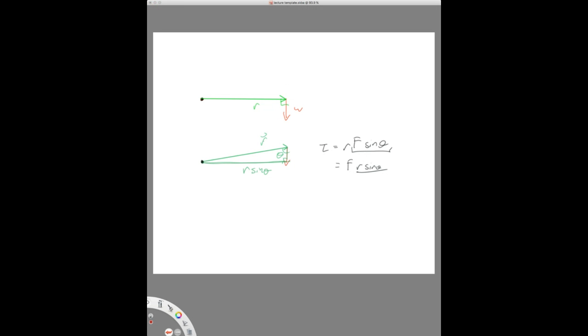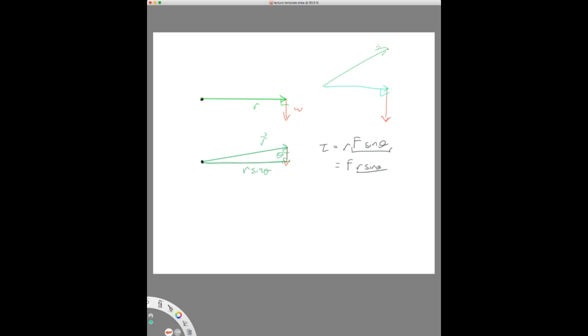So the idea is when I have an R that's up at an angle and a force like that, it's just as good for me to take this force and move it down, and let R be just the perpendicular distance.